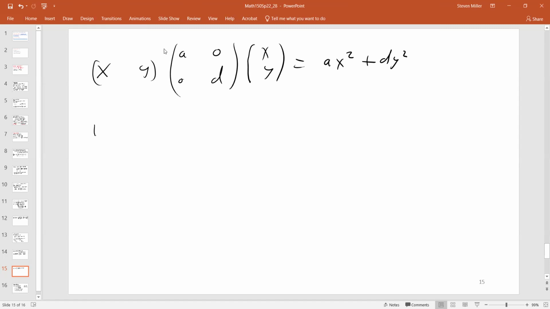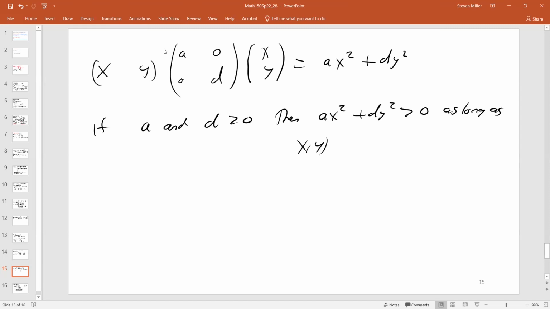So if a and d are greater than 0, then ax squared plus dy squared is greater than 0 as long as x, y is not 0, 0.